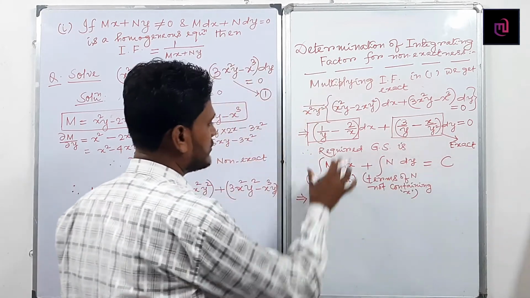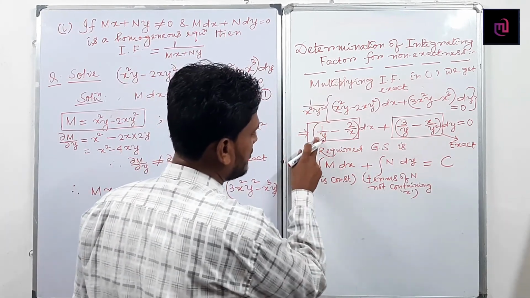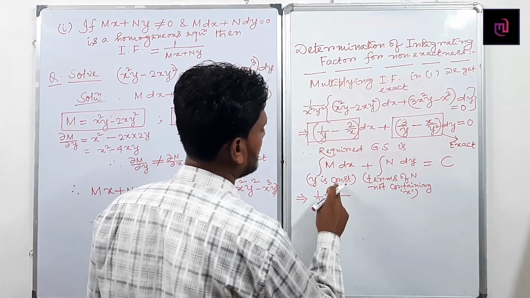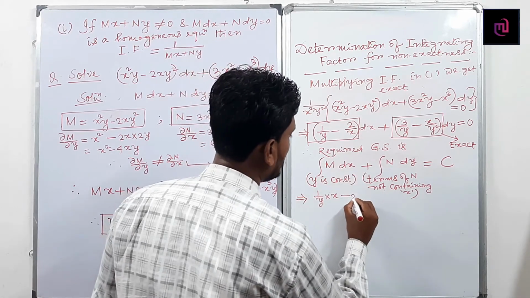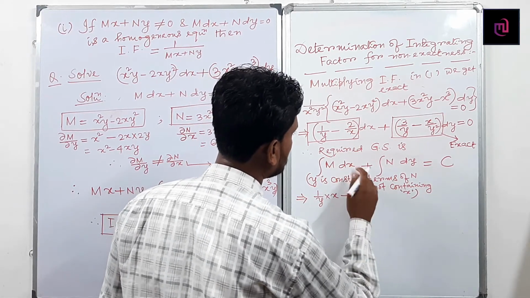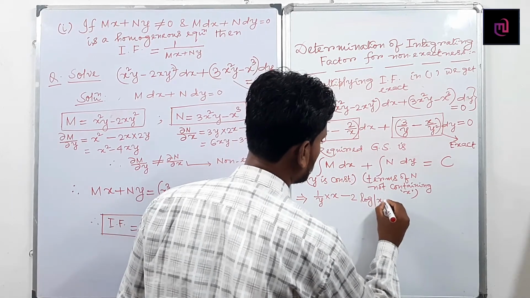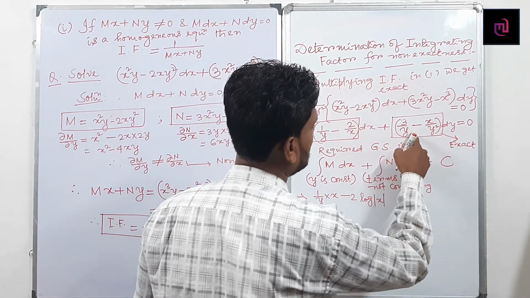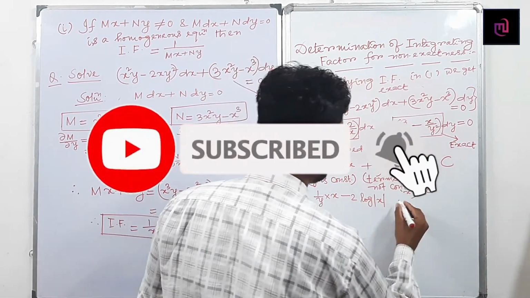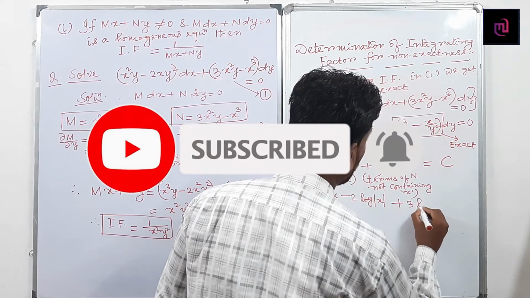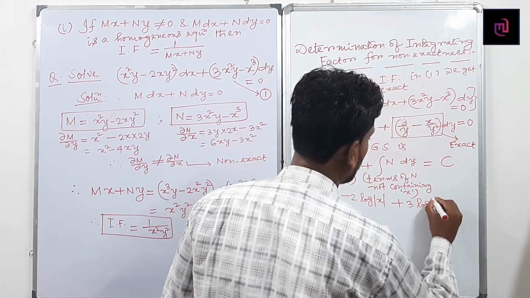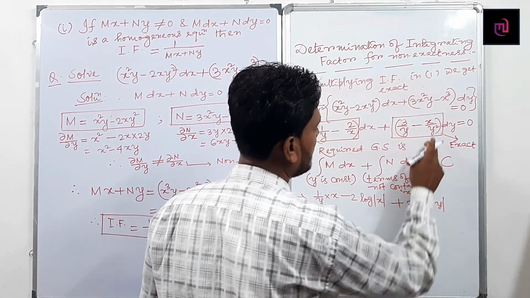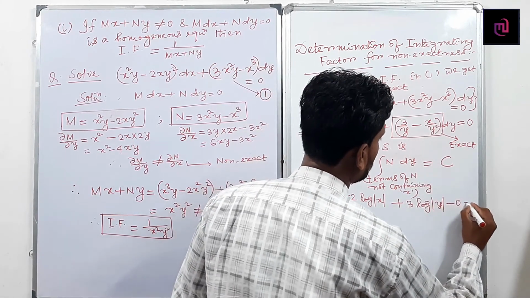Here y is constant, so integration of 1 by y dx becomes x by y, minus 2 into the integration of dx by x, which is log of mod x. Now for the terms of N not containing x, we get plus 3 into integration of dy by y, so log of mod y. The term containing x contributes 0, equals to an arbitrary constant.